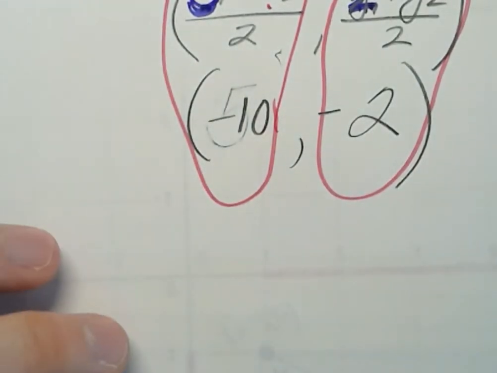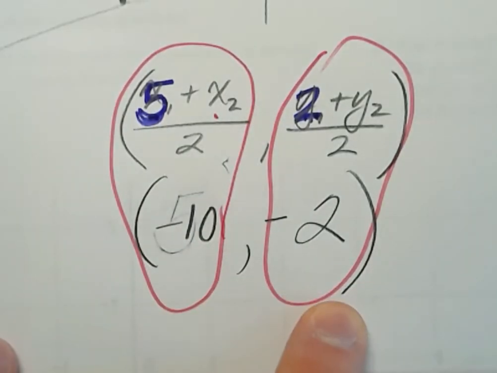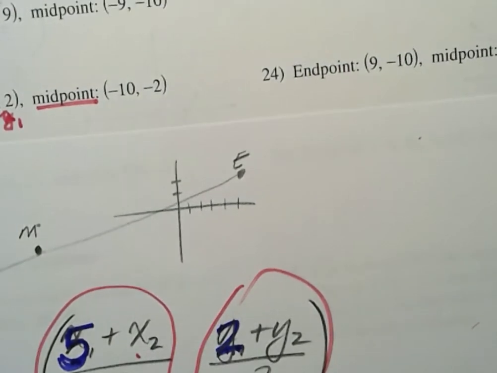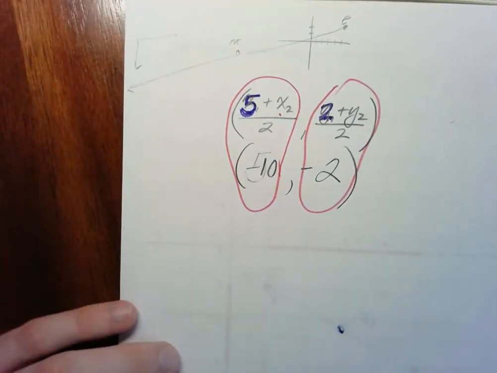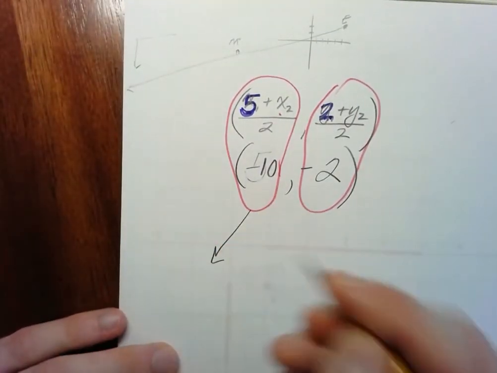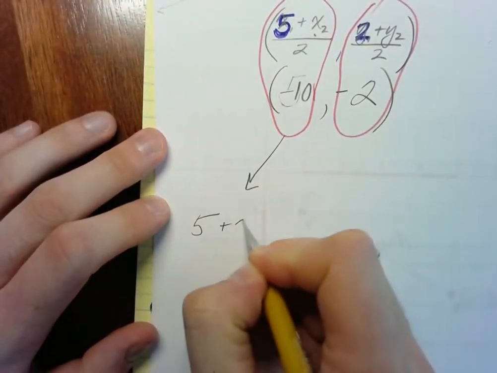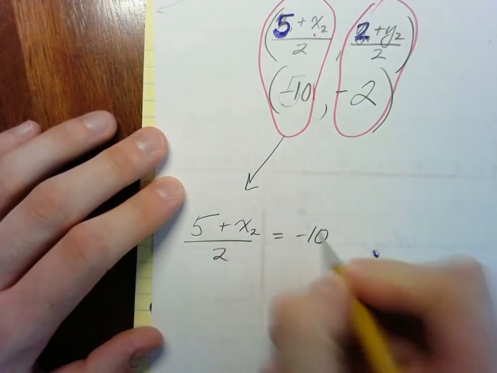So now we just have two little equations. We have this equation that's circled in red and this equation that's circled in red, and we can now actually just do this. Okay, so let's just do this. Alright, so this equation is going to be something like 5 plus x2 over 2 equals negative 10.